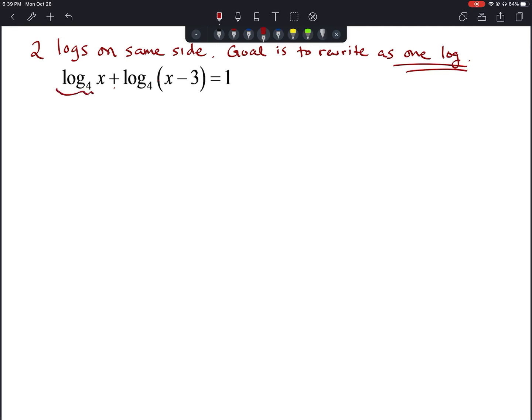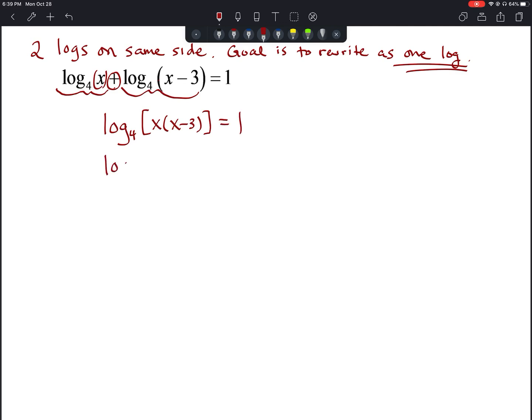Since we have 2 logs with the same base and we're adding, we can use that property. We're going to multiply the 2 values together. So this would be like saying log base 4 of x times the quantity of x minus 3 equals 1.